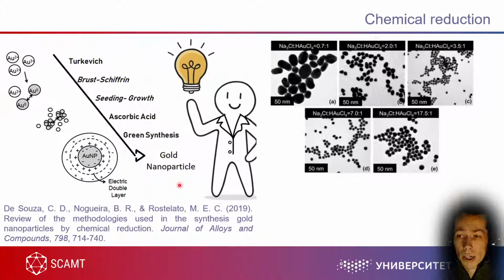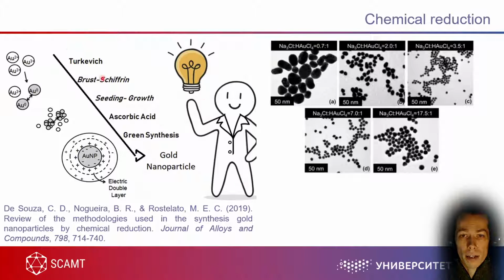And also, when we're talking about chemical reduction methods, there are a lot of options to manipulate the size, the shape, and other parameters, also the electrostatic stabilization of these particles, by varying the ratio of precursors used for the synthesis.